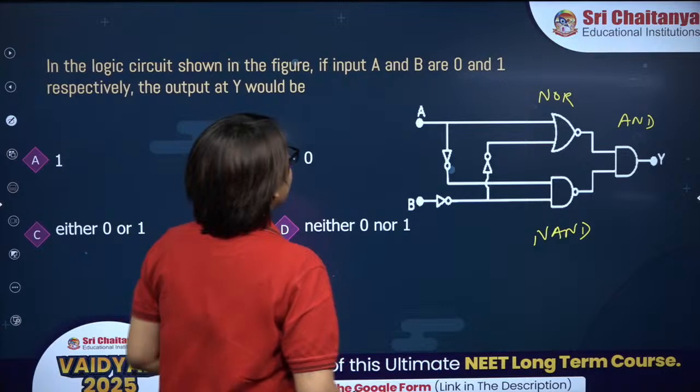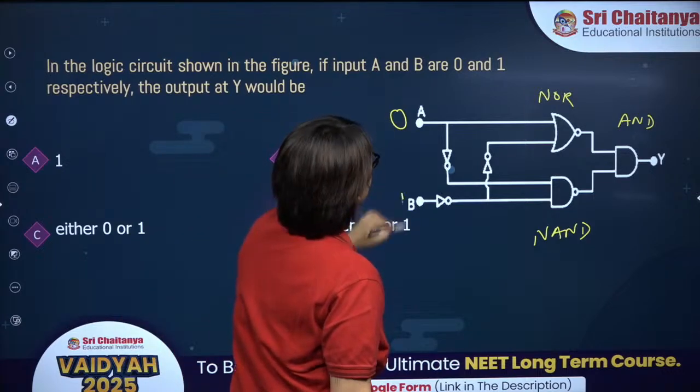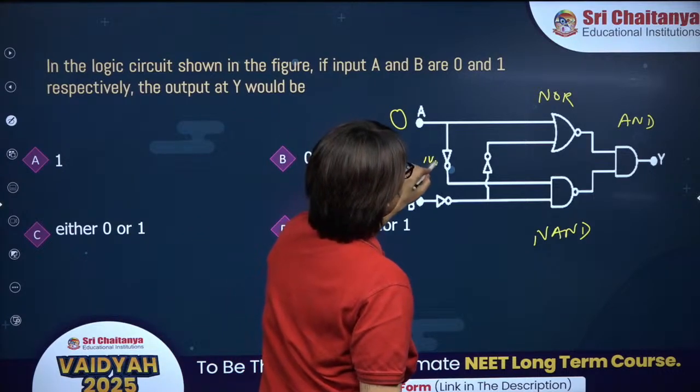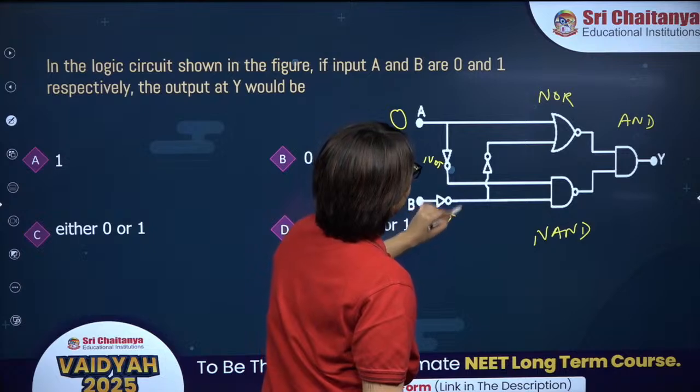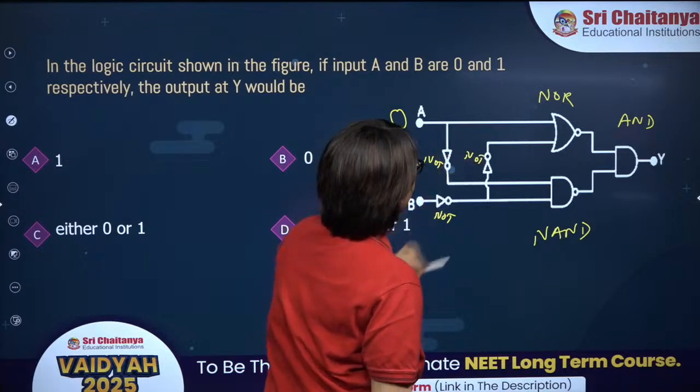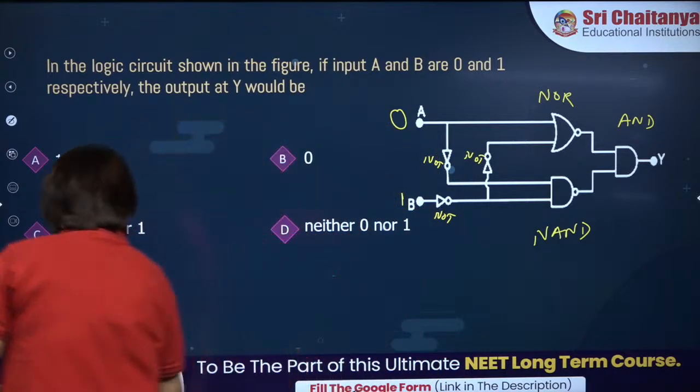Input A is 0 and B is 1, and these are your NOT gates. Chaliye, try to find it everyone.